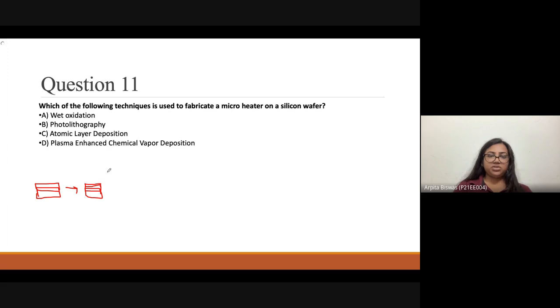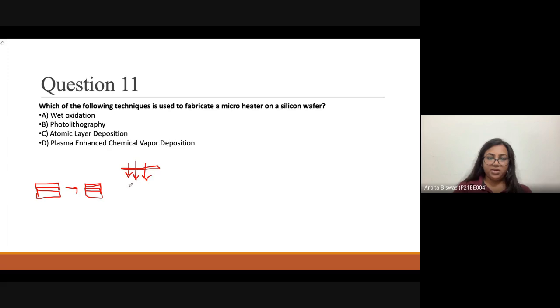There are also some processes present, like soft bake and hard bake, and then in the photolithography process there is a UV exposure. Whatever structure we need, we use this mask, and then UV exposure is done, and this pattern is transferred onto the photoresist.